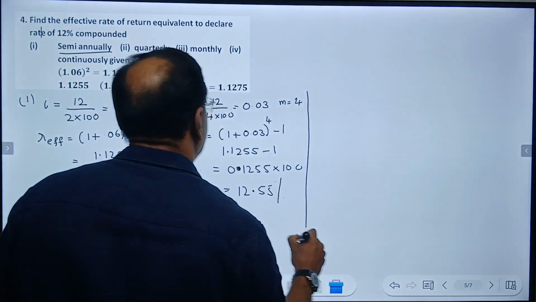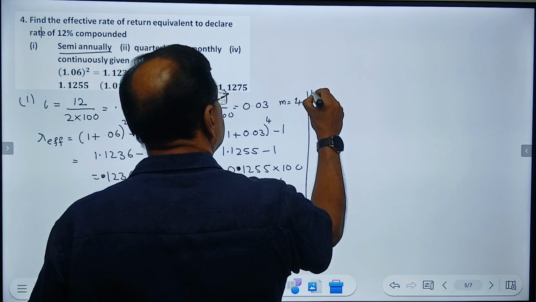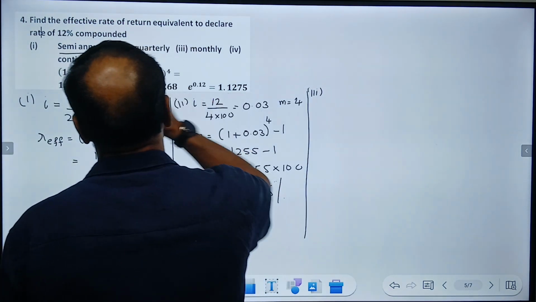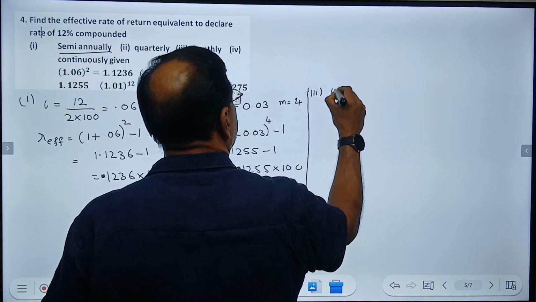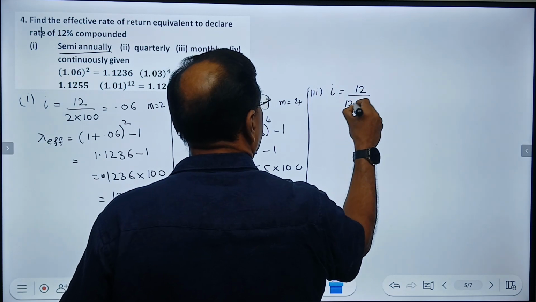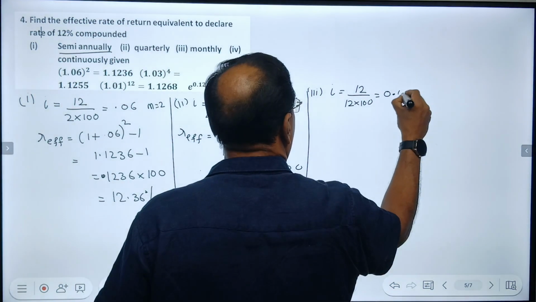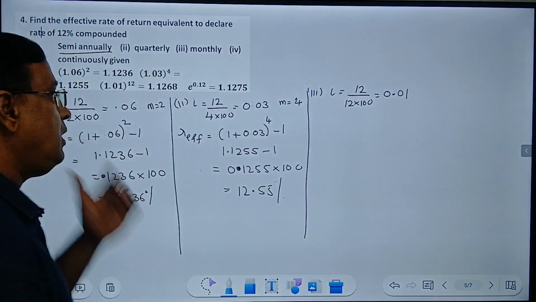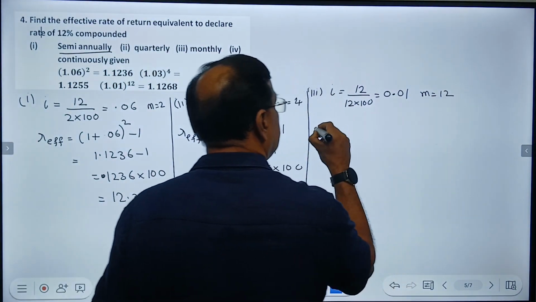Now let's go to the last part of it. The third subdivision. In the third subdivision, we are having monthly, right? So your rate R by M will be 12 by 12 into 100, so it is 0.01, correct? Now your M is 12 here. So what is R effective?